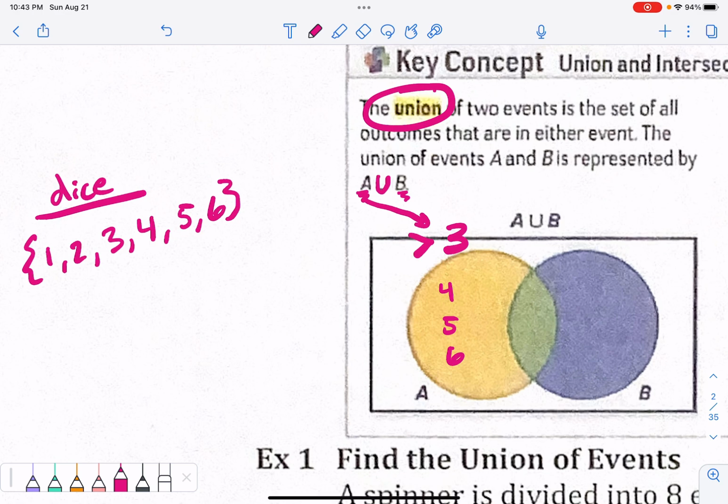Then let's say event B is the event that we roll an even number, so that would be 2 or 4 or 6. Now, the event that those two are happening together, greater than 3 and even, is the numbers 4 and 6. Those happen in both categories.